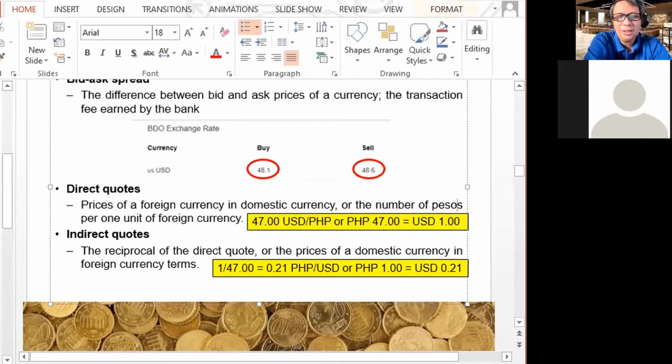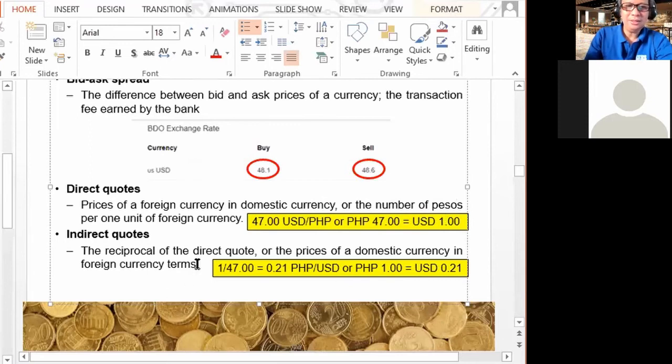So what is the number of pesos in order to buy $1? Okay, it can be, for example, 47 pesos per $1. So when you see that, now you have to pay 47 pesos in domestic currency to acquire 1 unit of foreign currency. When you see that expression, that is called a direct quote. It's the most common expression. We see that in newspapers and on the internet.